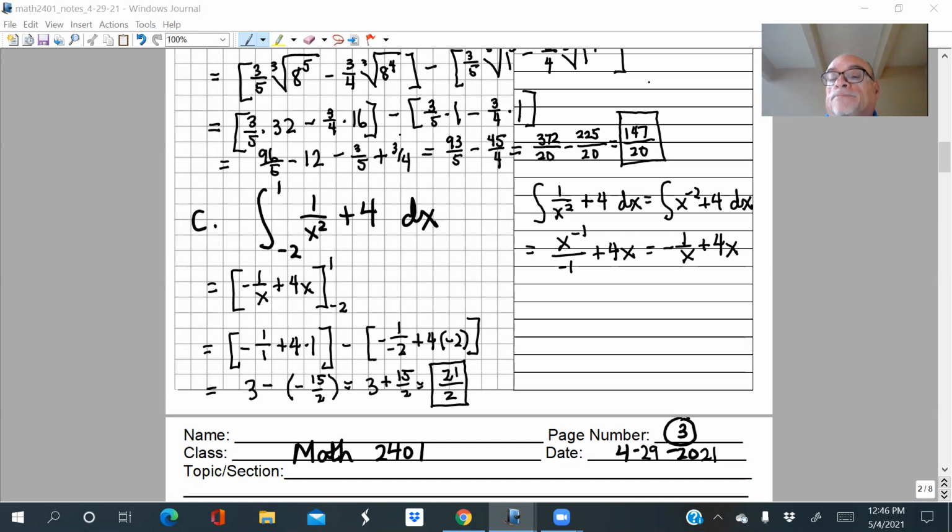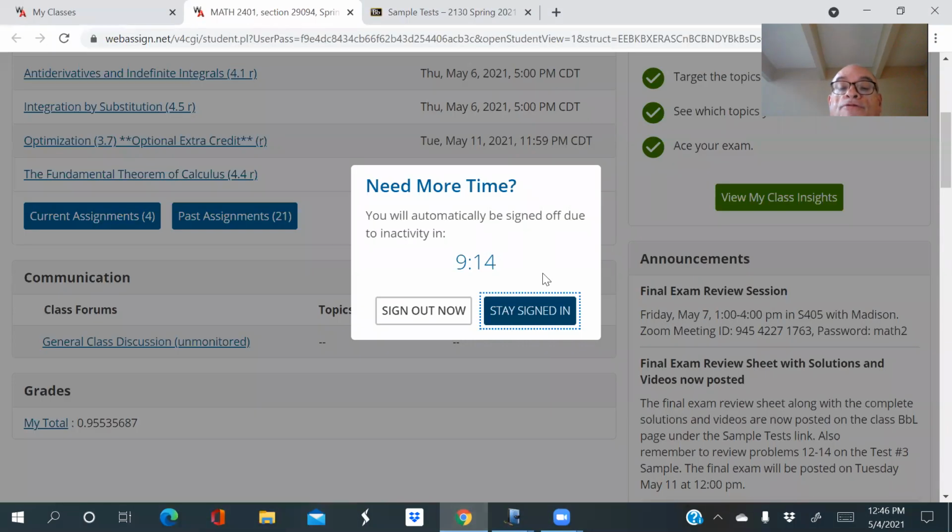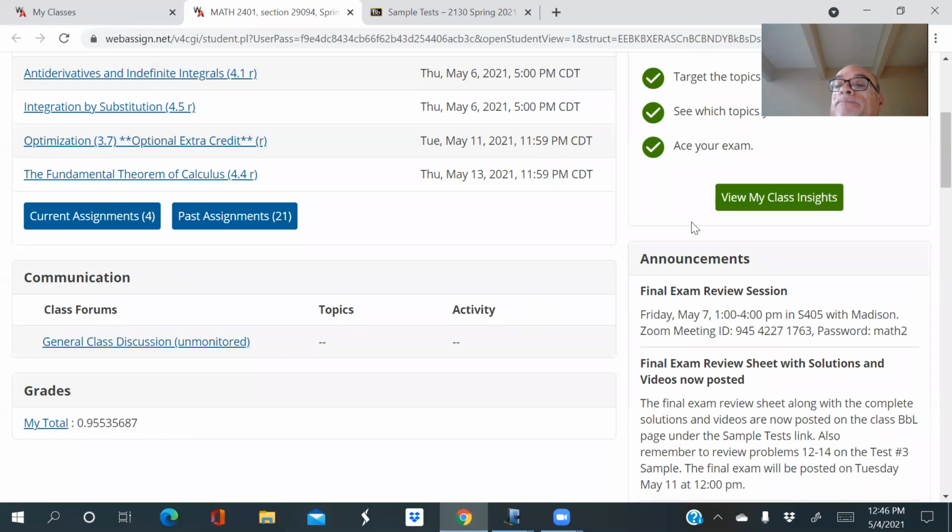Okay, and there is a review now posted for the final exam. That announcement is in WebAssign, okay? So read that announcement right here in WebAssign about the final exam review sheet. And then in a separate posting right below that, there are complete solutions and videos that go with that final exam review sheet.